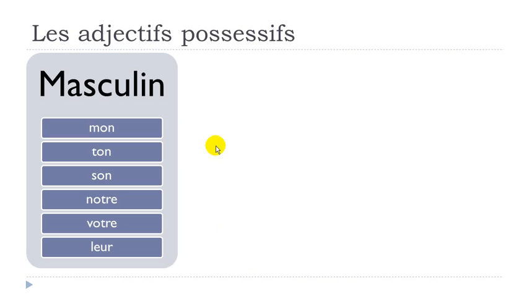Okay, so let's be clear, when we talk about les adjectifs possessifs, in English it will be my, your, his, our, your, their. But then in French, basically we'll have the difference between the masculine, the feminine, and the plural. And keep in mind, we'll see that a bit later when I give you some examples, that in French, we don't decide whether it's masculine, feminine, or plural according to the subject, like in English.